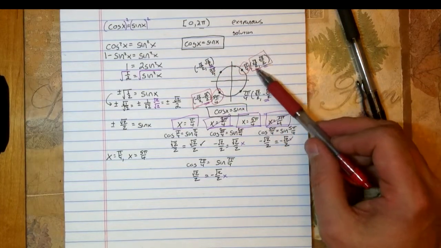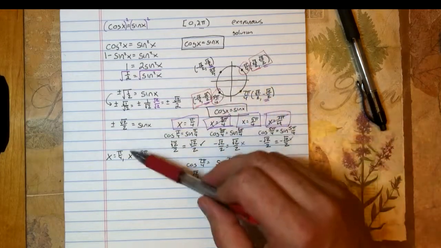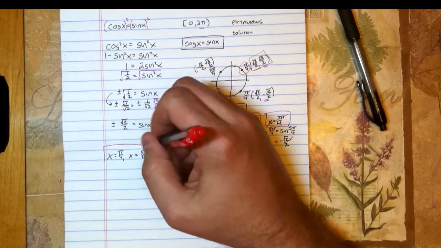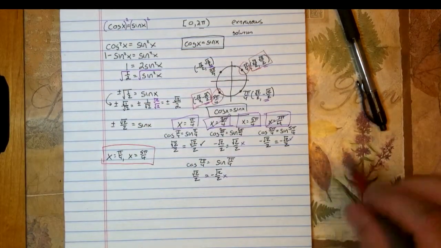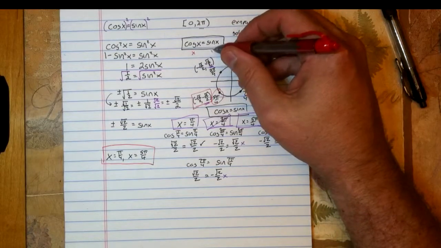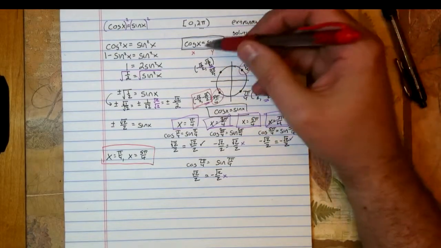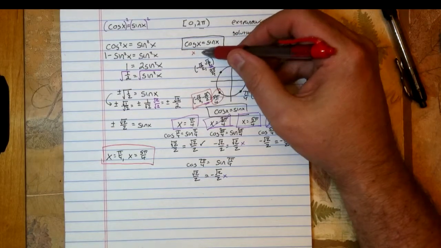So to say that these y and x coordinates are equal is at the points x equals pi over 4 and x equals 5 pi over 4. I'll say one more thing about that. Since cosine is the x-coordinate on the unit circle and sine is the y-coordinate, we're really looking for a point on the unit circle where x equals y.